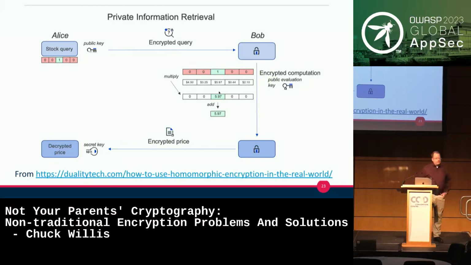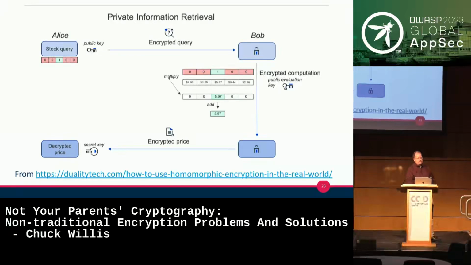Yes, so that works. But if Bob is in control of that environment as well, then he could potentially see the data. No? Well, he would see the stock prices, but what he wouldn't see is which stock price that Alice was interested in. So you think of Alice as a private equity person or something that might want to buy a whole bunch of some stock. So it's a way to avoid an information leak.